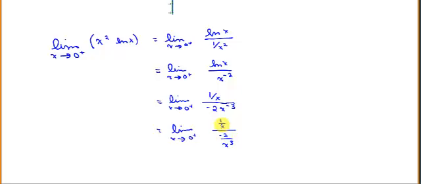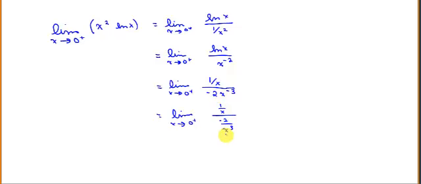Now this is still approaching an infinity over infinity indeterminate form, but I think you see if we keep on taking derivatives, well, things are going to start to get worse here. So instead of doing that, let's resort back to algebra.